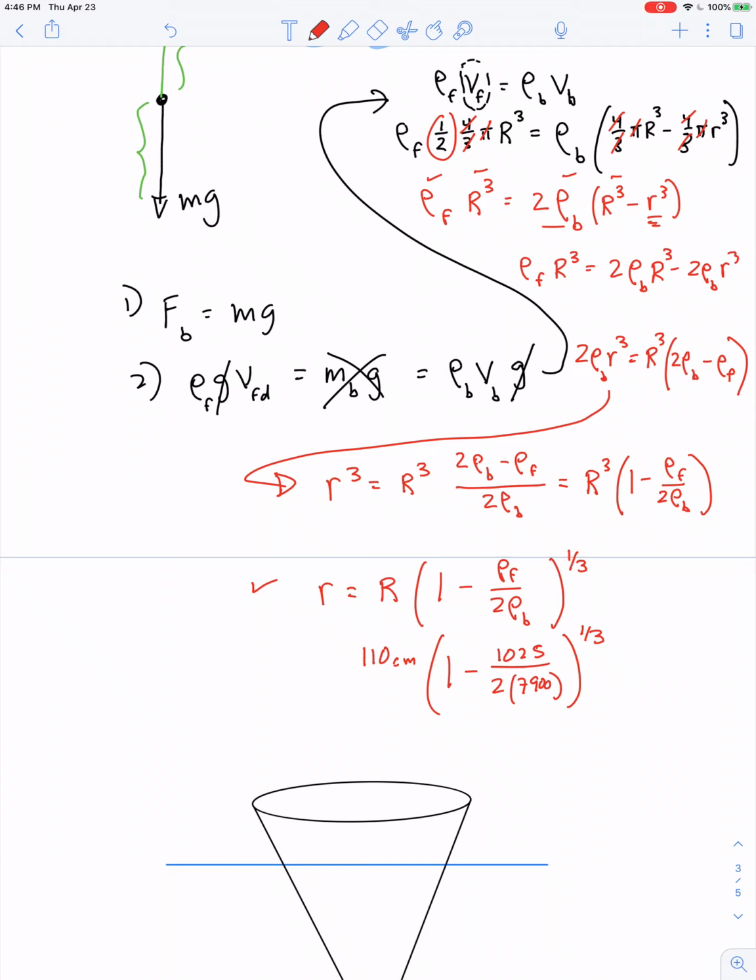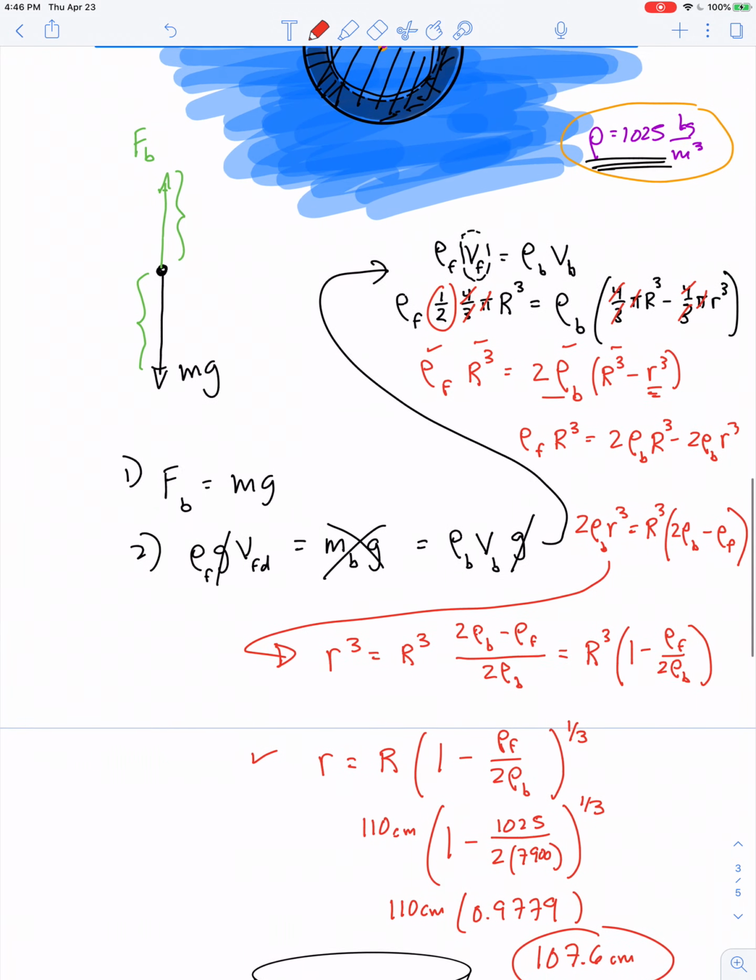So I get 110 centimeters multiplied by 0.9779, or in other words, 107.6 centimeters.